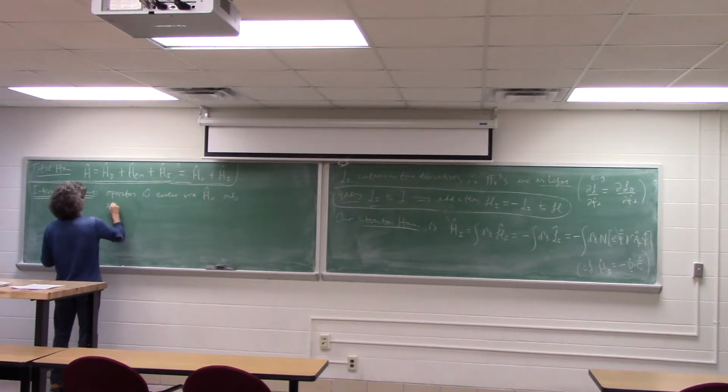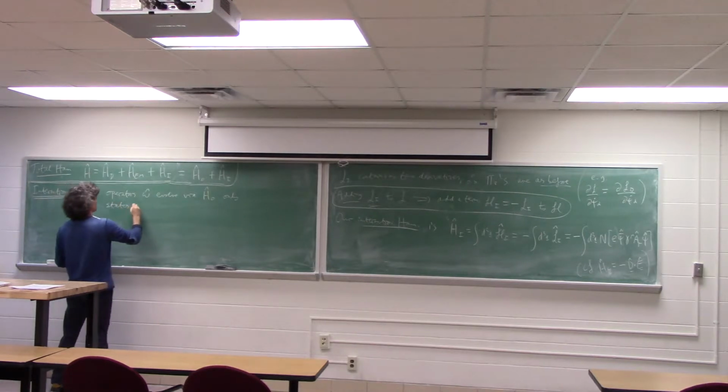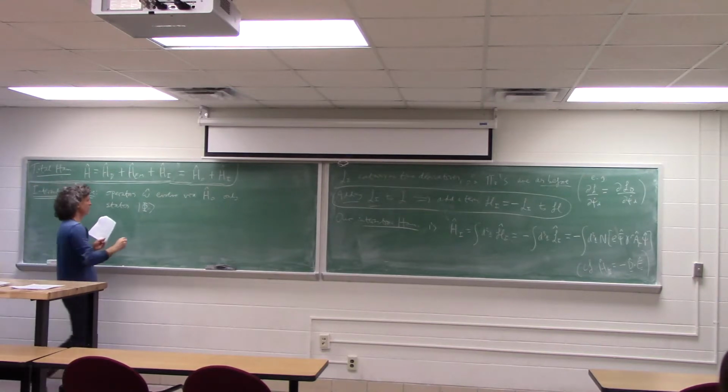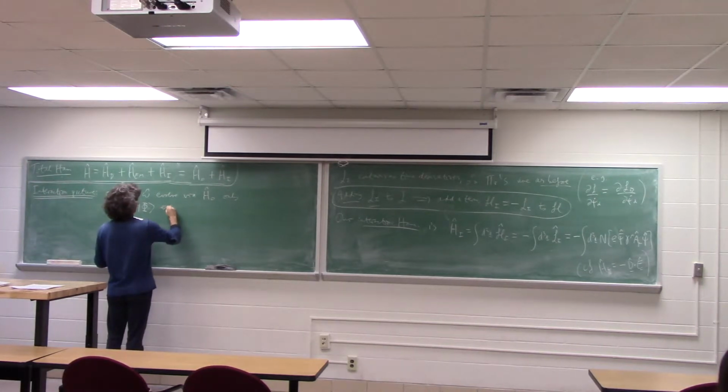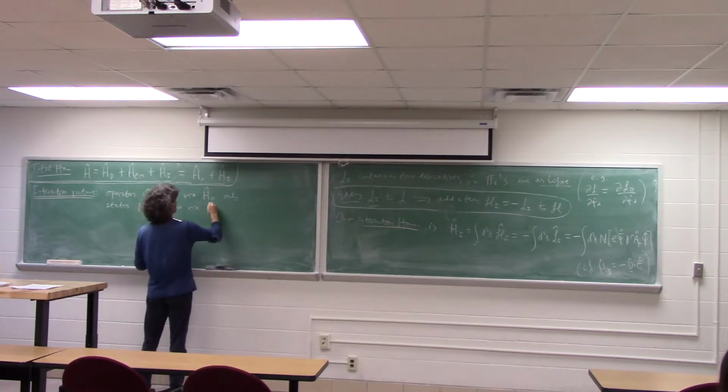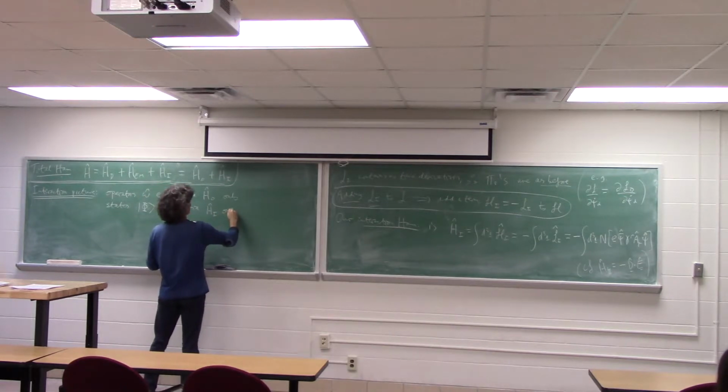Whereas the states, psi, in fact, seeing as the book calls it capital Phi, let's call it capital Phi. State vectors Phi evolve via the interaction Hamiltonian only.